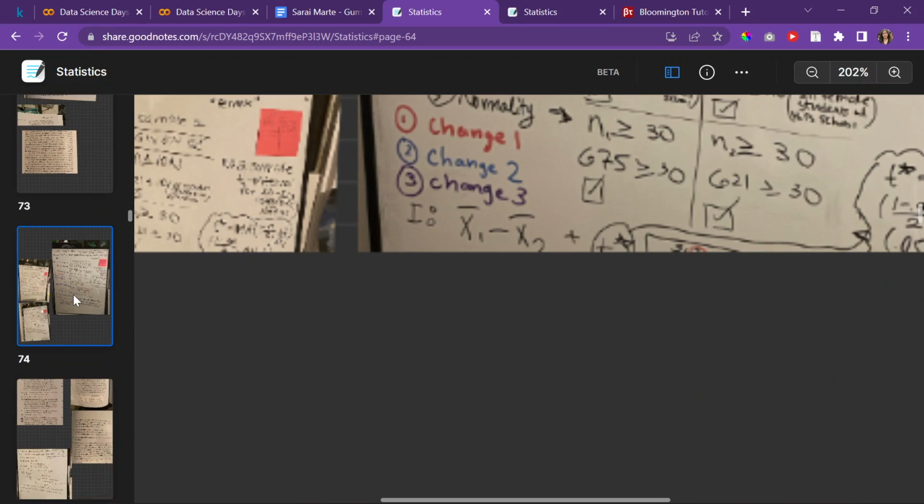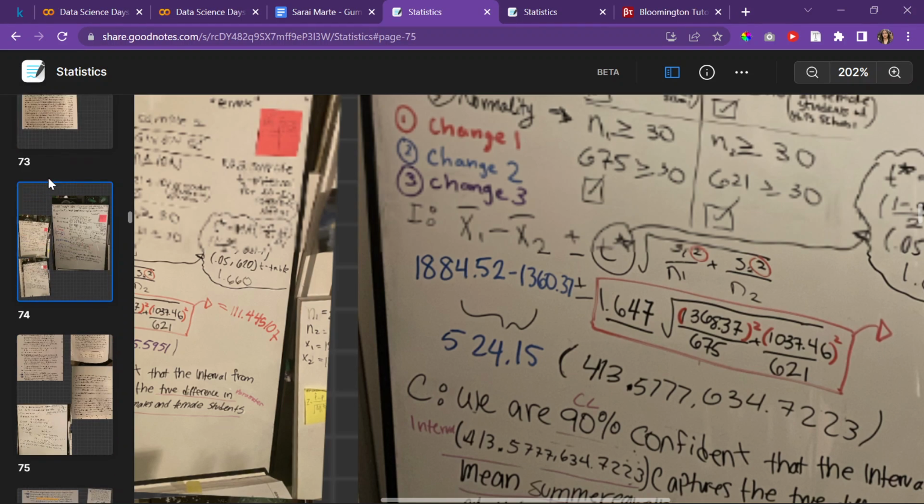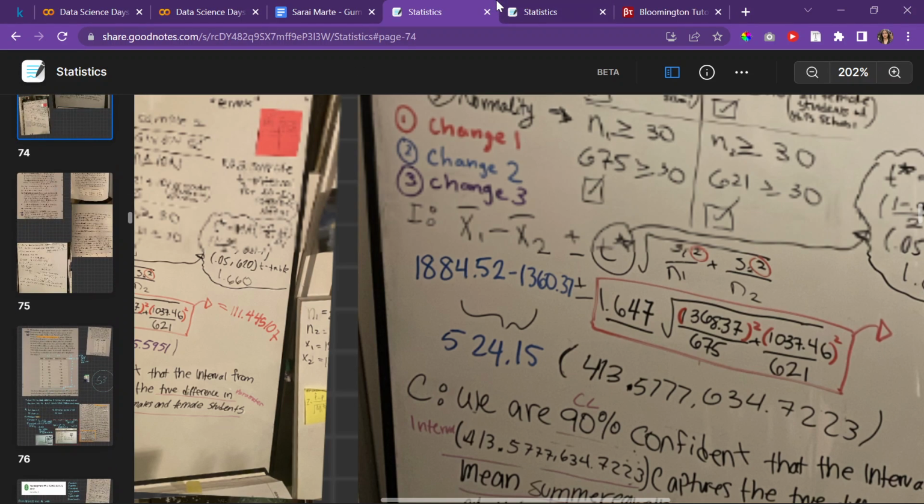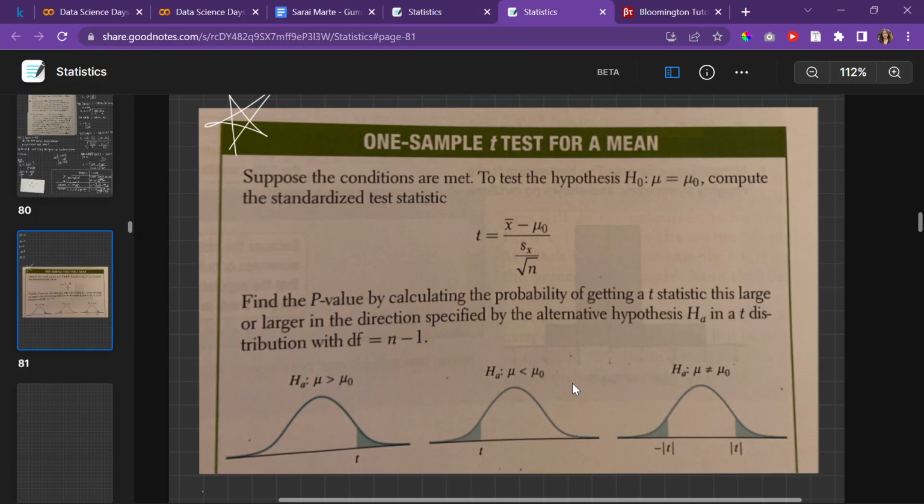Assuming that the null hypothesis is true. Where was I? Oh, here. Okay, so the p-value by calculating the probability of getting a t-statistic this large or larger in the direction specified by the alternative hypotheses in this t-distribution if df is equal to n minus 1, which makes sense.